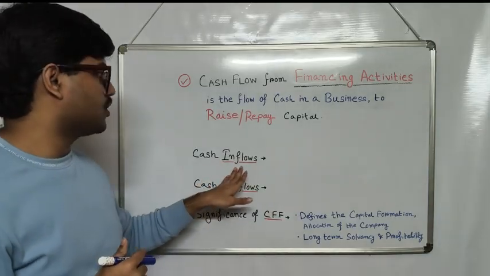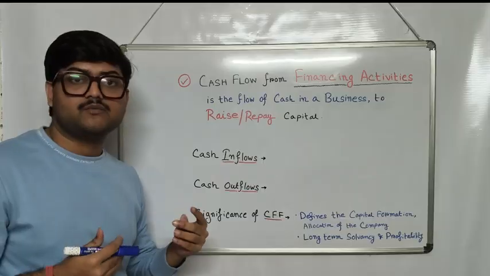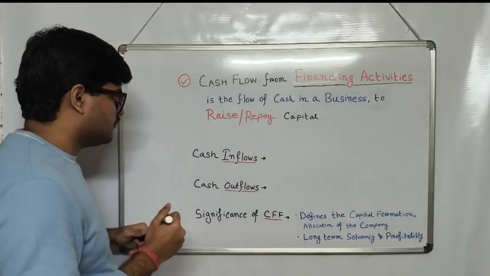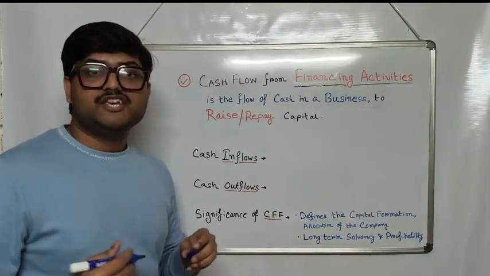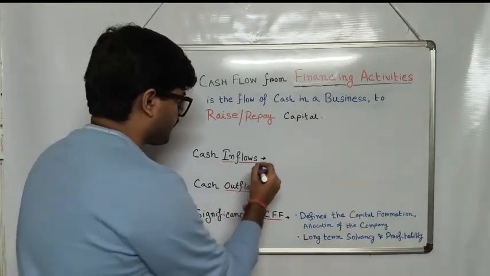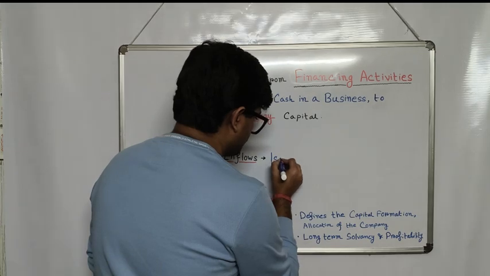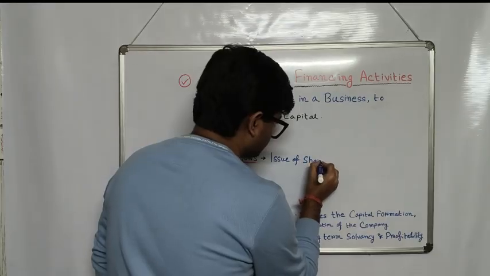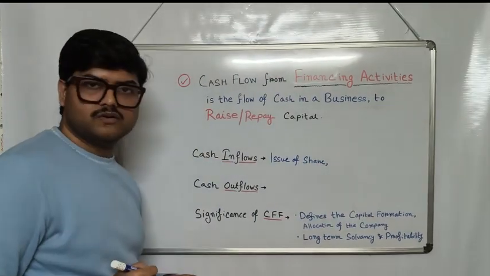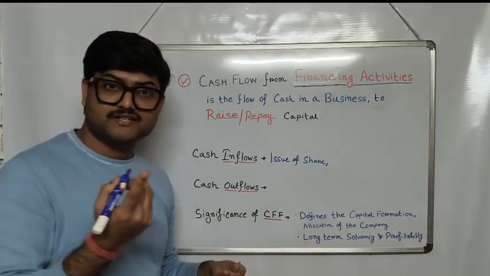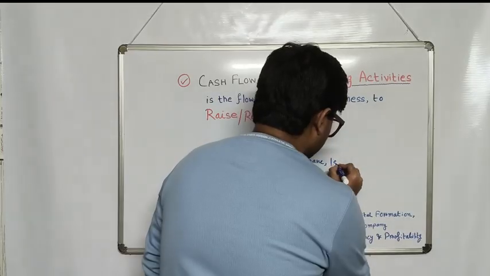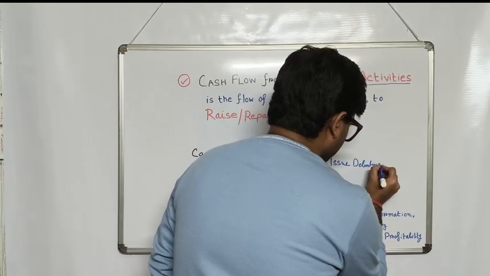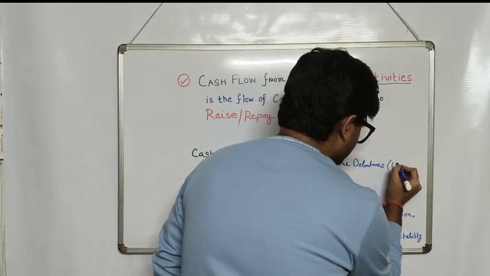So now we think, what are the activities that we do in order to raise capital in a business? Okay, so first we'll talk about the inflows. Now that we are raising the capital of our business, first we issue shares. So we'll write here issue of shares. We can also issue debentures as well, long-term loans.